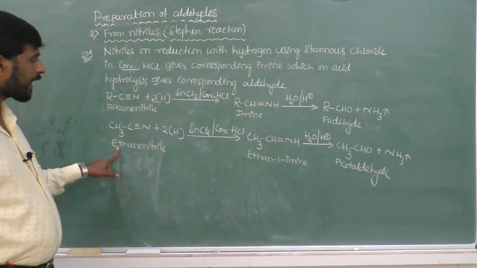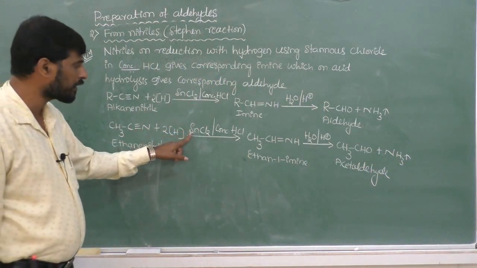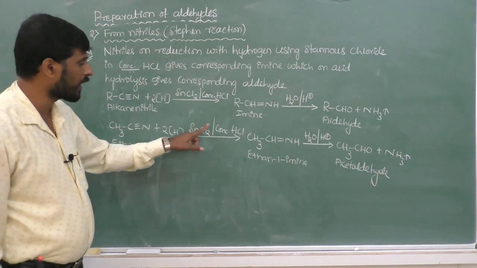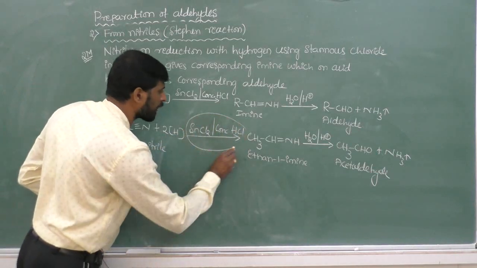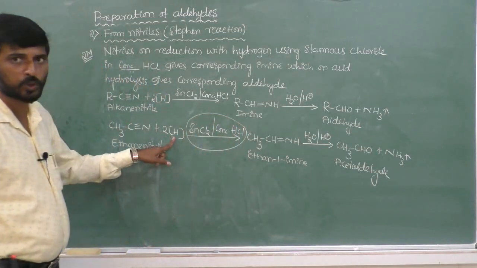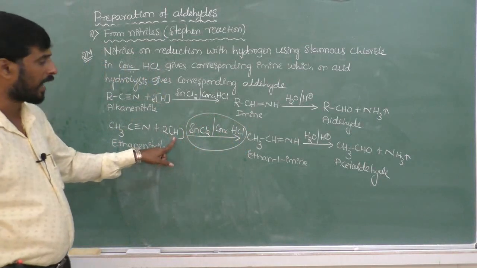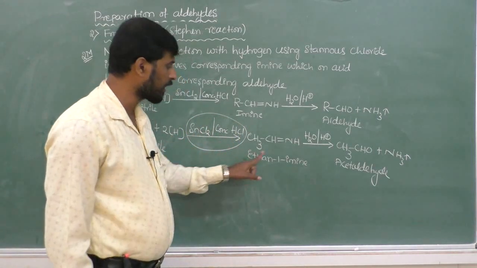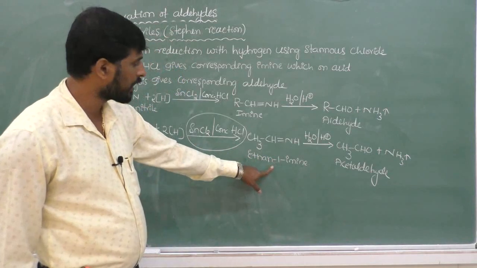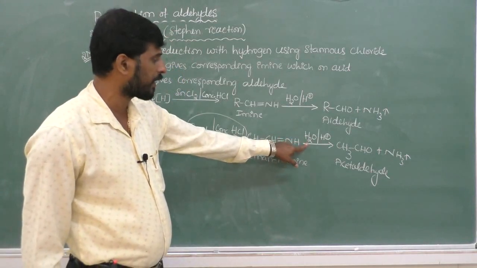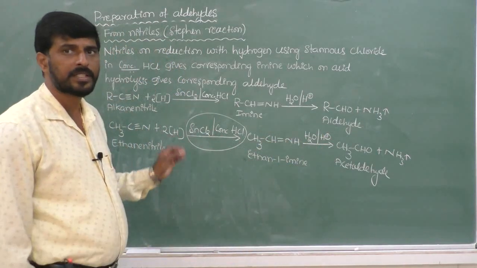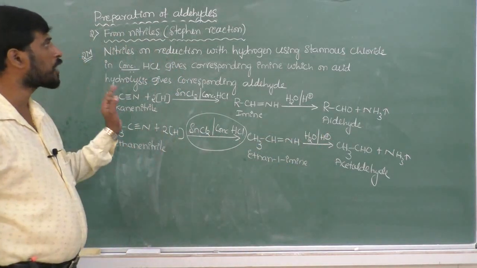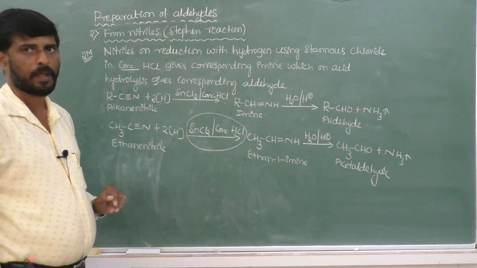So ethane nitrile on reduction with stannous chloride in concentrated HCl, which gives nascent hydrogen for the reduction, gets converted into ethan-1-imine, and this ethan-1-imine on acid hydrolysis gives acetaldehyde. And this reaction is called the Stephen reaction.